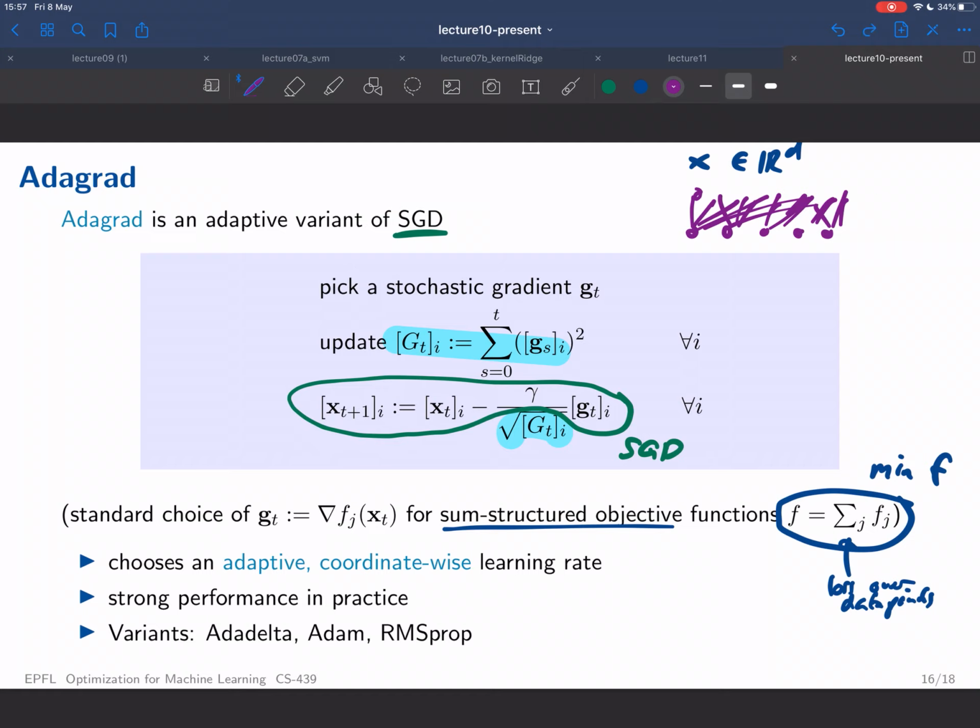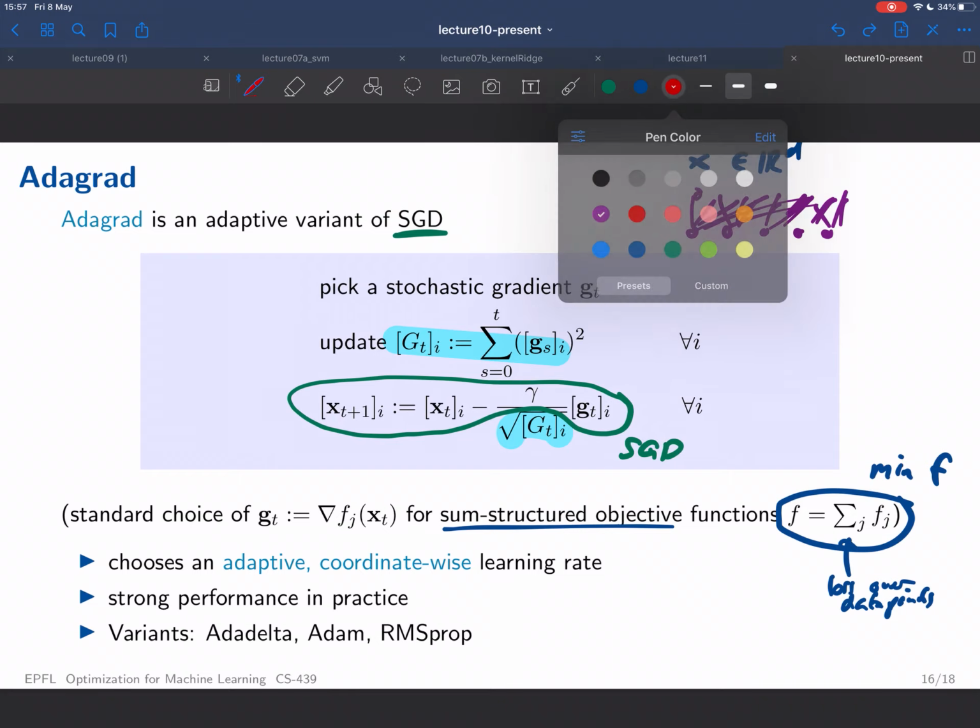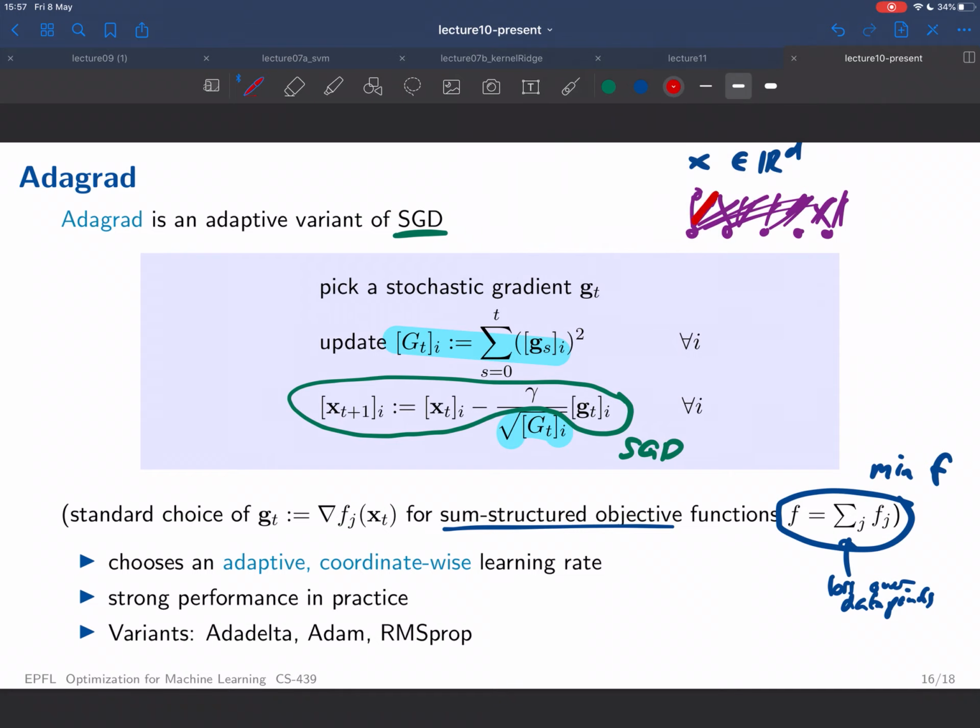So x is the weights, right? We just look at one of the weights, this is the weight x_i. It's the weight of that edge in the neural network connecting two neurons, and there are billions of them.